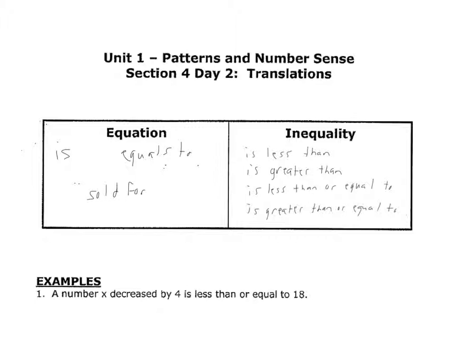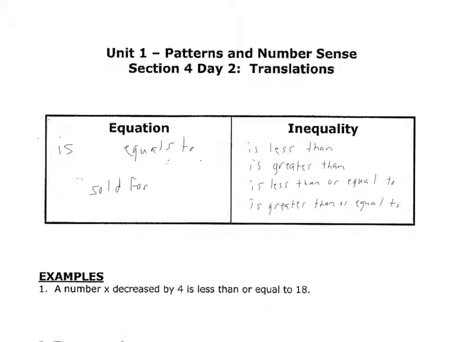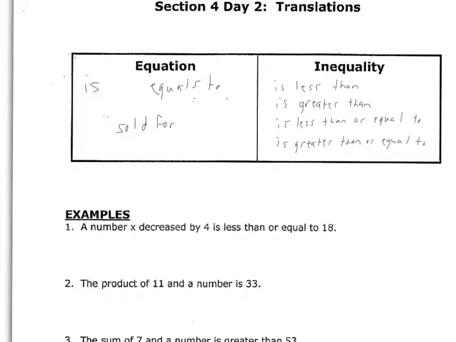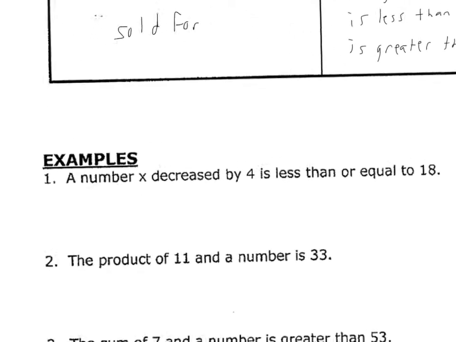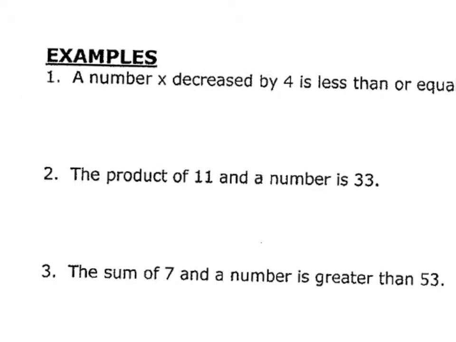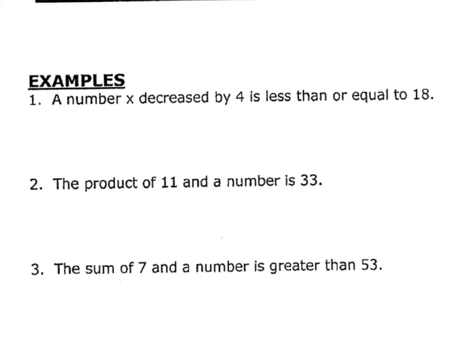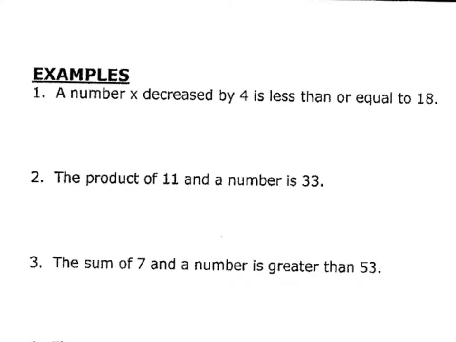We're going to go through a couple of examples and make sure that you know what type of words go with each. For example, let's look at the first one. It says a number x decreased by 4 is less than or equal to 18. Let's pick out some keywords. It says a number x, so we know that means a variable, or x.